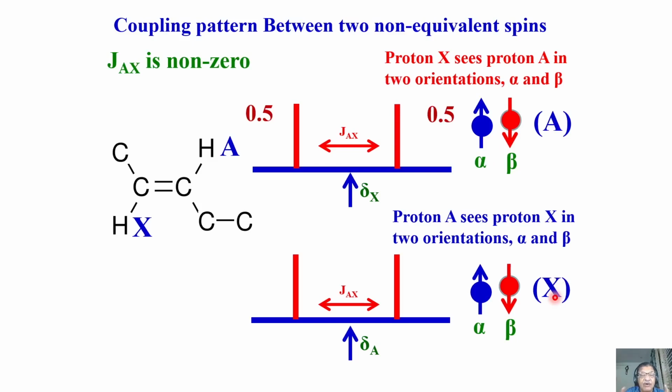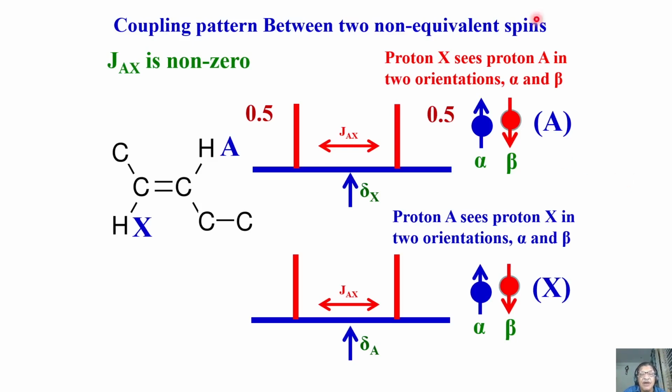Now, another interesting thing you should understand. When I was introducing the salient points of coupling, I said if one proton is coupled to another proton and there is a coupling which is non-zero, one peak splits into two, 2 will split into 4, 4 will split into 8. Remember, I showed this in one of the slides. What happened to the intensity? The total intensity of the uncoupled spin and the total intensity of the multiplet, that is, the area of all the peaks put together, will not be different.